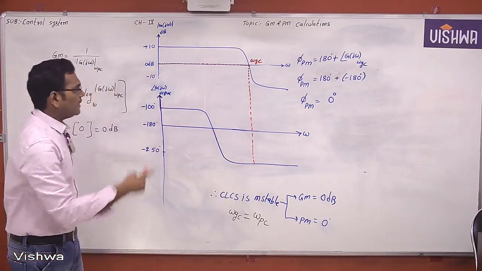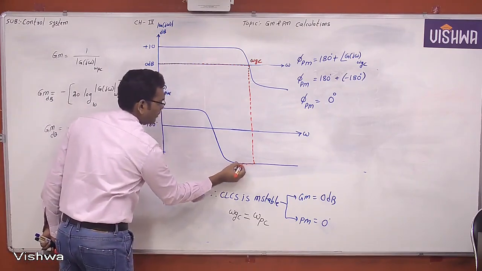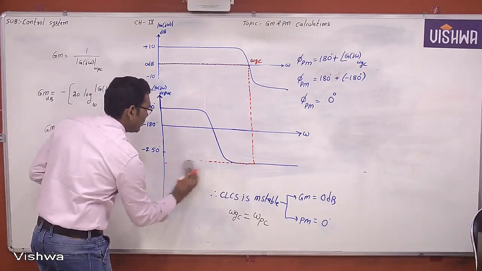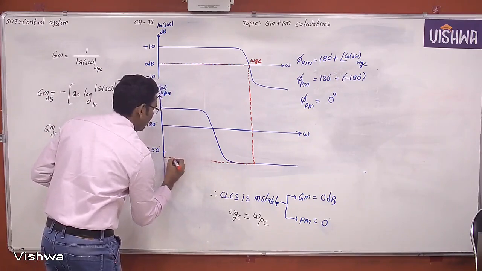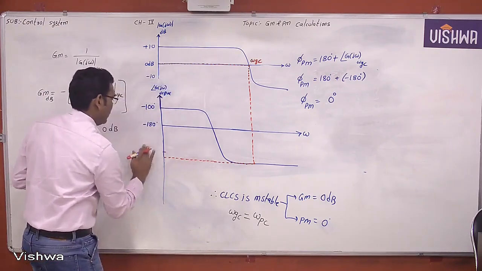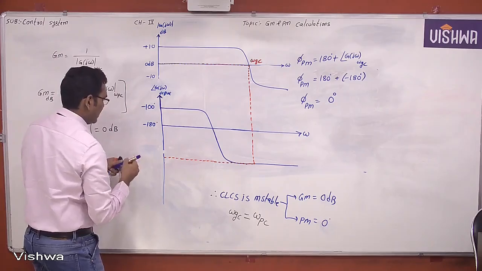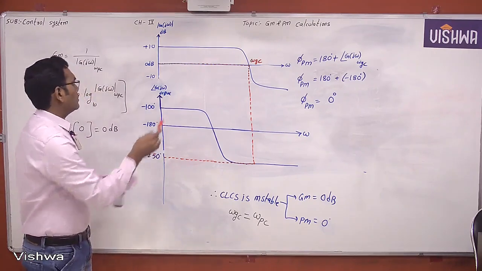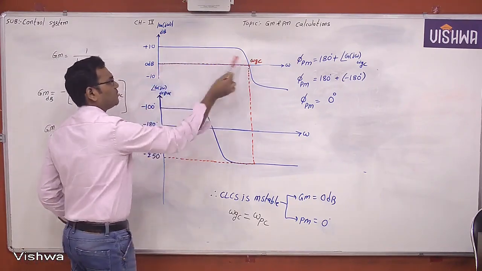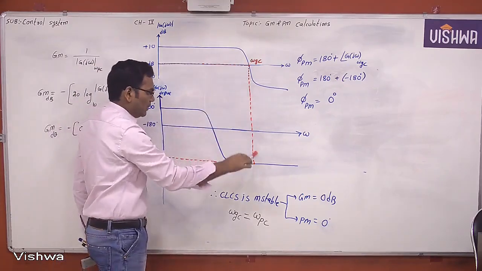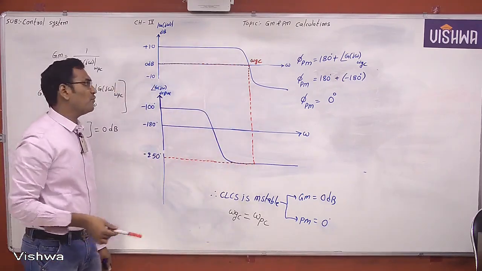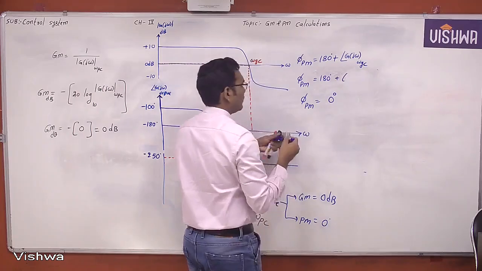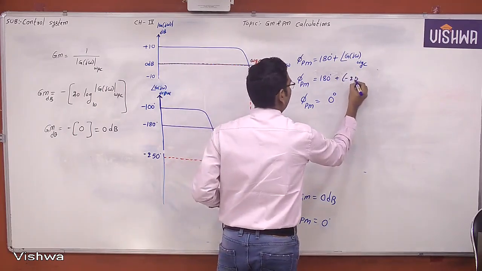Now see here, at the gain crossover frequency, what is the phase angle? This is the gain crossover frequency because the magnitude is 0 dB, and at 0 dB the phase angle is minus 250 degrees.